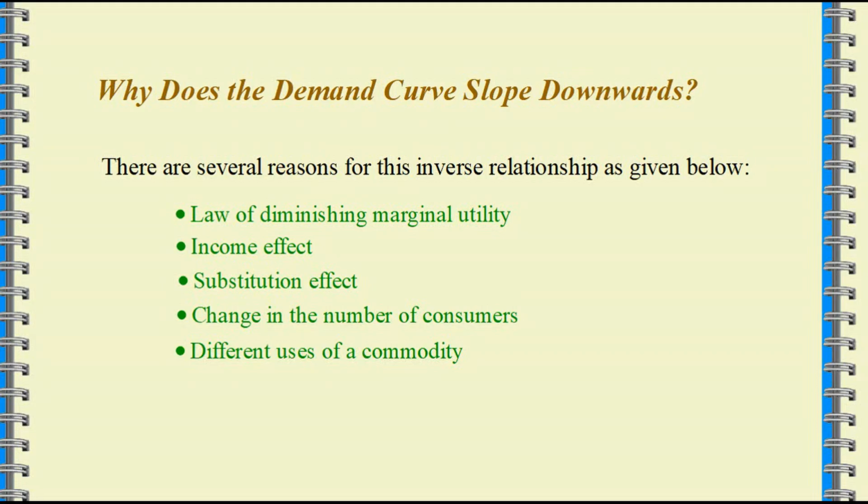A best example for this is given in your textbook about the use of electricity. The lower the price, we can purchase a high amount of electricity for various purposes. But when there is high price, we only use the electricity for lighting purposes. That is what is meant by different use of a commodity.